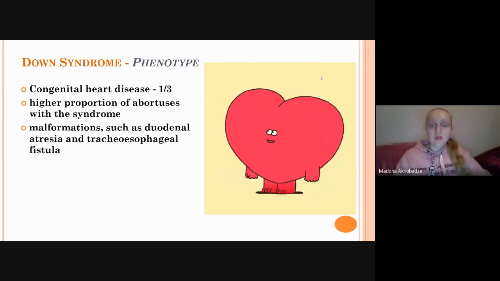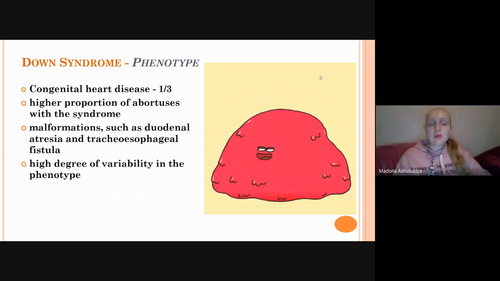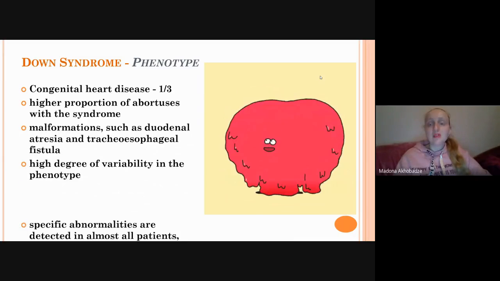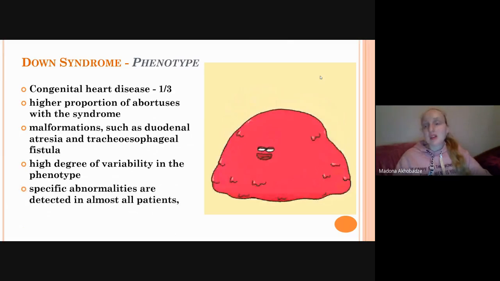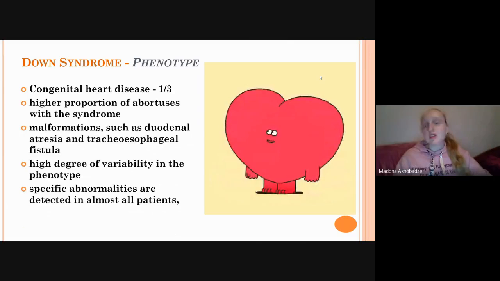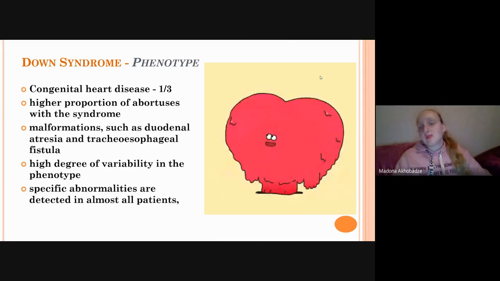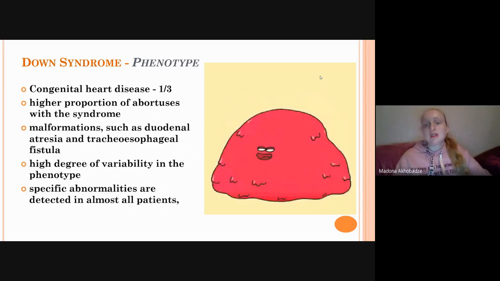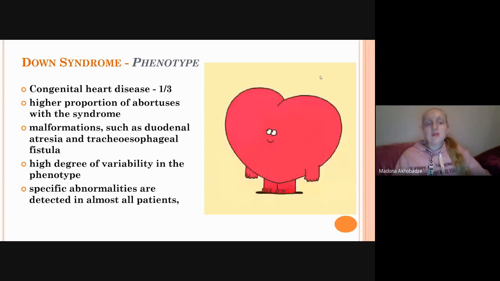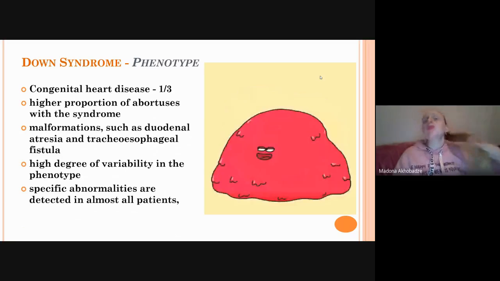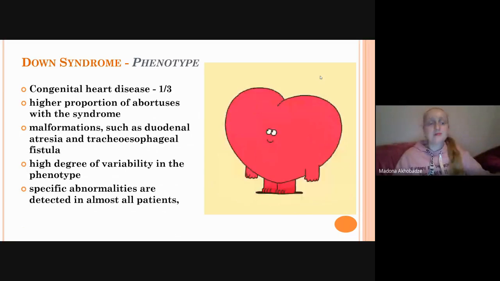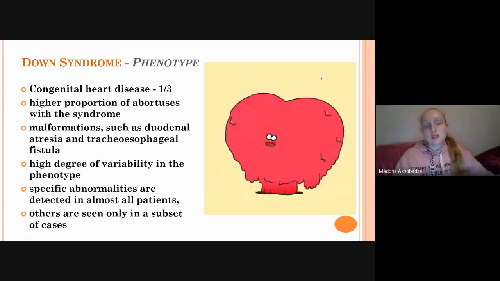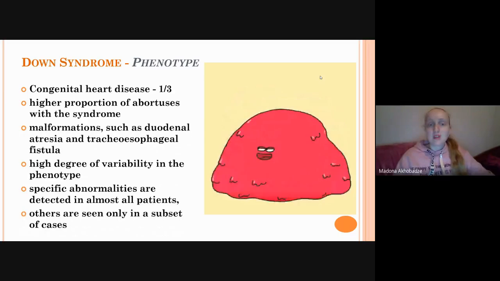Malformations such as duodenal atresia, esophageal atresia, and tracheoesophageal fistula are also common. High degree of variability in the phenotype means one case could be more severe, the other could be light with just the mental retardation, the other could have all the difficulties and so on. Specific abnormalities are detected in almost all of the patients, and others are only in a subset of cases.